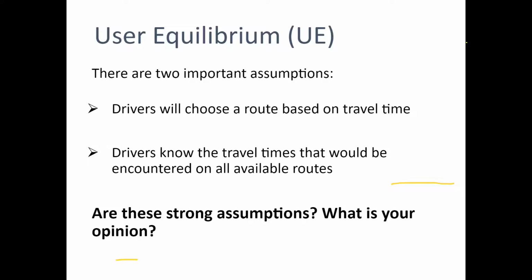Obviously, these things are not foolproof, but for most networks, you can assume that people know what their travel times are, and they will choose the route that has the least amount of travel time.